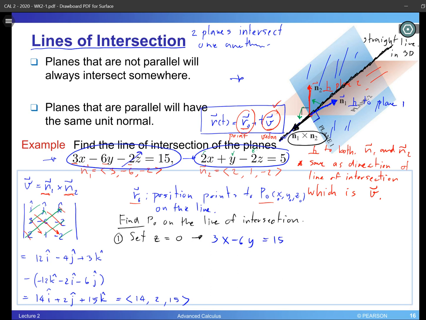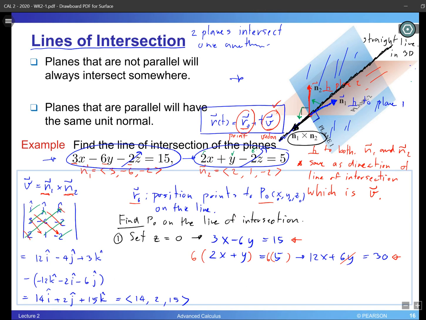What about the second equation? I have 2x plus y, and z goes away, equal to 5. At this point, I am going to solve these equations to get the x and y values. What about I multiply the second equation by 6, so I get 12x plus 6y equal to 30.